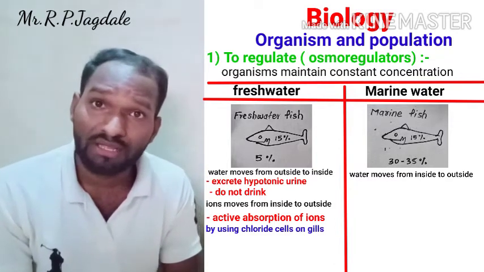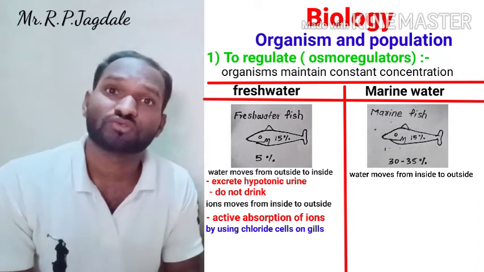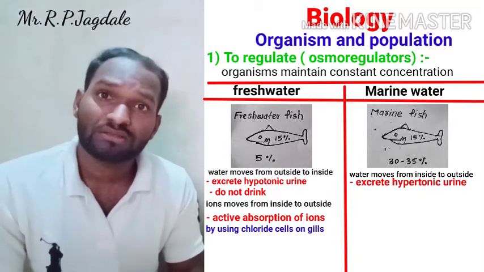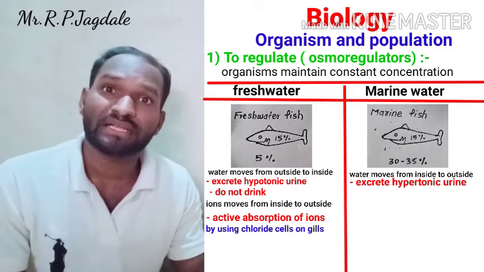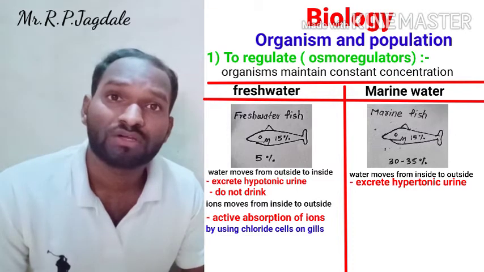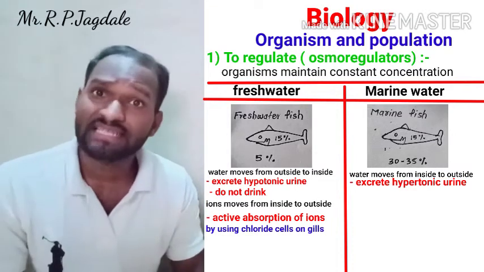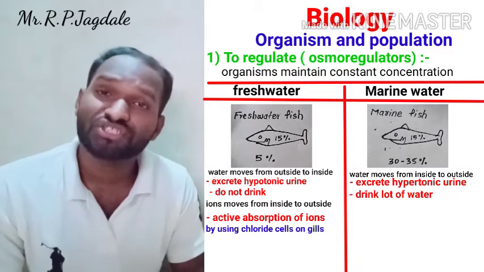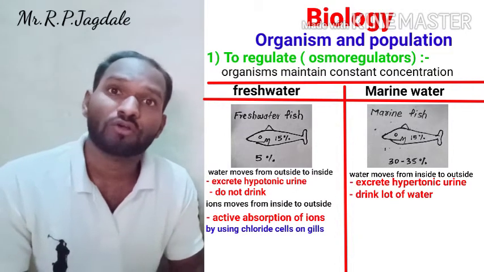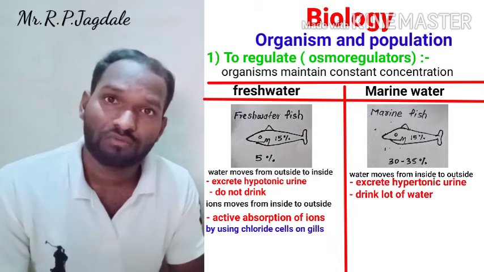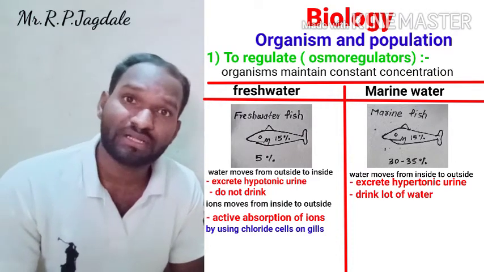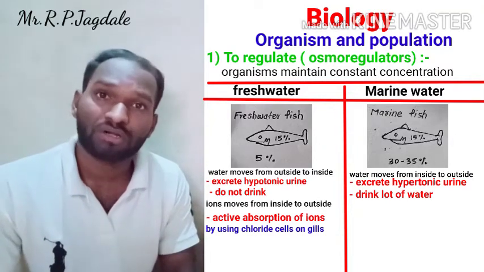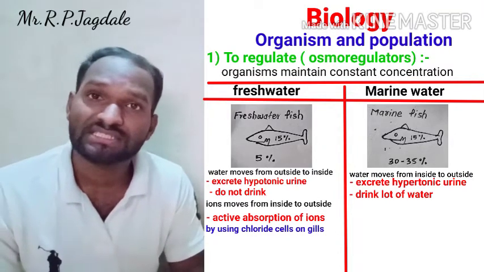To overcome that problem, the fish needs to excrete hypertonic urine, that means urine containing a low content of water and more urea. The second function is to drink a lot of water. So water is conserved by these two methods, excreting hypertonic urine and drinking a lot of water. The problem of water concentration is solved.